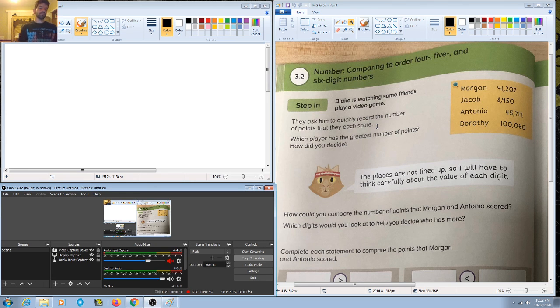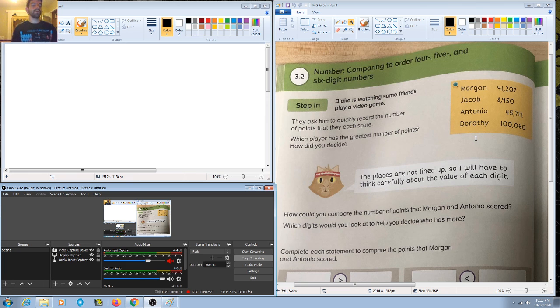I don't want to just jump into it like that, but one thing to keep in mind is if we have a 6-digit number versus a 4-digit number or a 5-digit number, this 6-digit number is going to be greater regardless of what place values we look at, because the 6-digit number has a place value of 100,000.